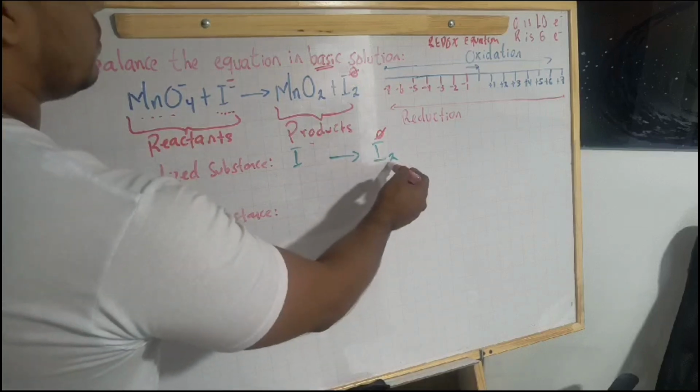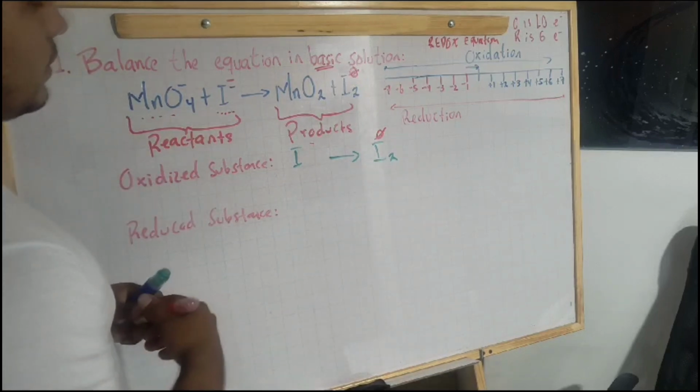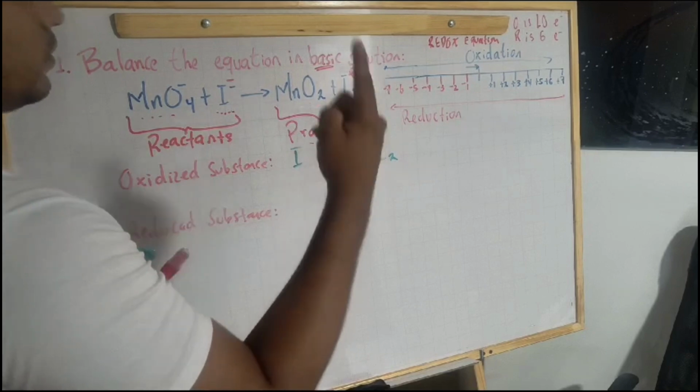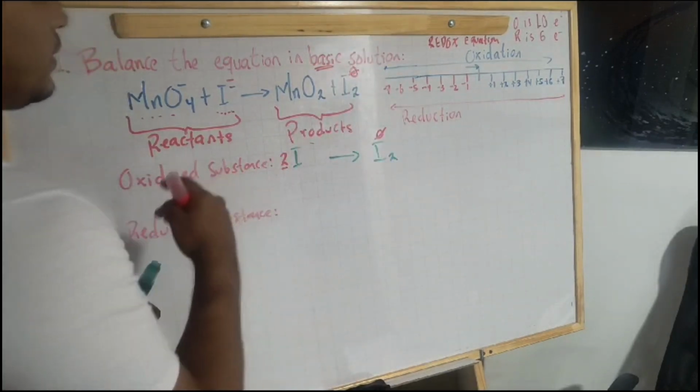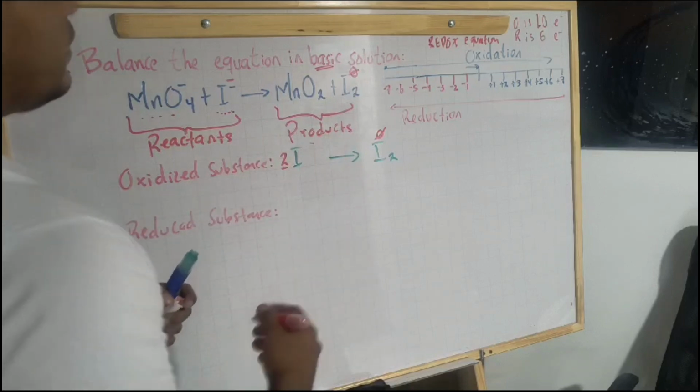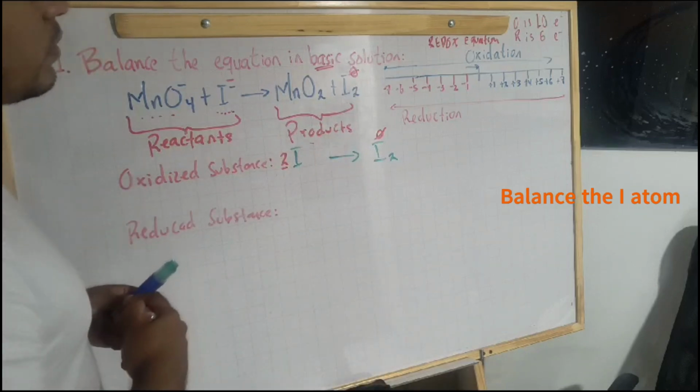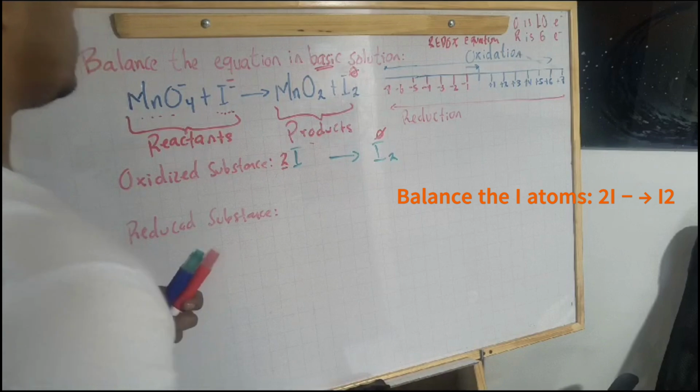Here we have 2 atoms of iodine, and here we have only one. So I will write 2 to balance the number of atoms that I have on both sides.